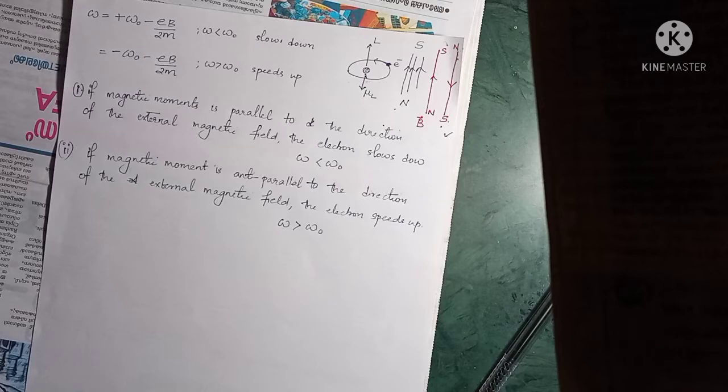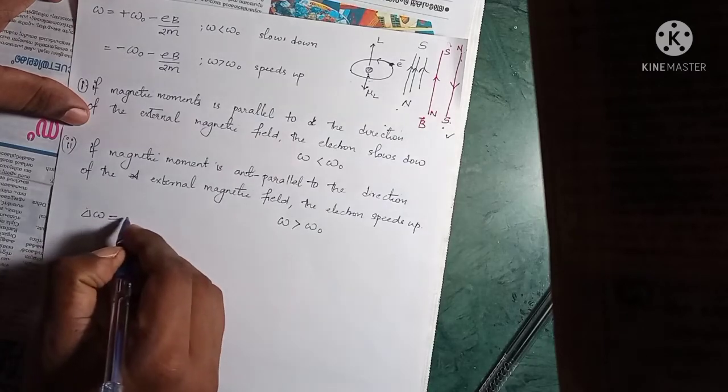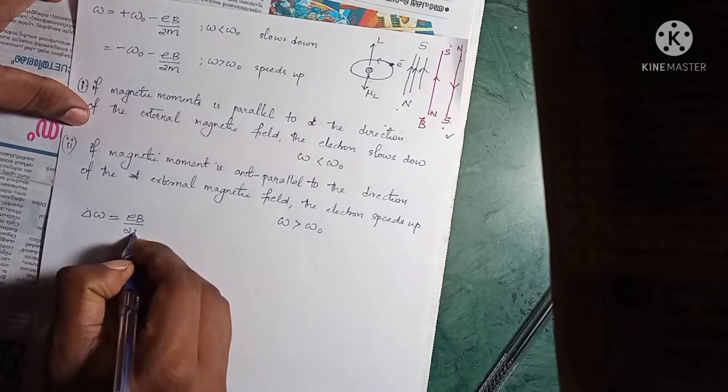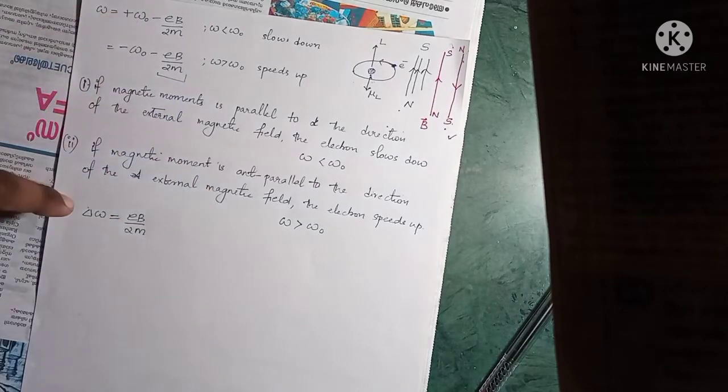This magnitude of increase or decrease of angular frequency is given by delta omega equals eB upon 2m. This is the same term given here, eB upon 2m.